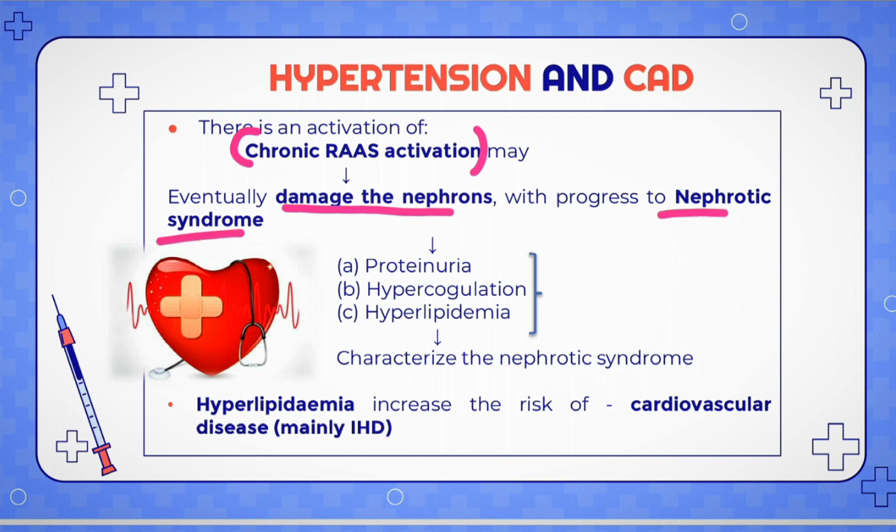This nephrotic syndrome is characterized by proteinuria, secretion of protein in urine more than the normal limit, the development of a procoagulation state, and the development of hyperlipidemia, the increase in the amount of abnormal lipids in the body. This condition of hyperlipidemia increases the risk of development of cardiovascular diseases, including ischemic heart disease.